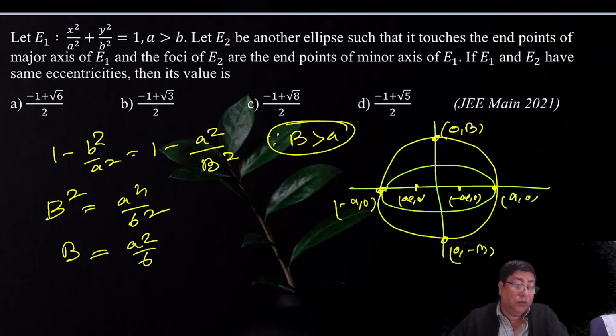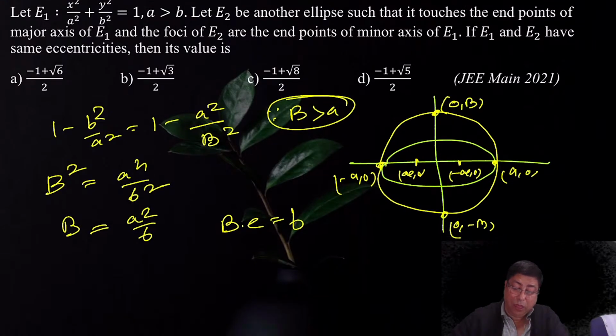Now, as the foci of E2 are at the end points of the minor axis of E1, therefore for E2, B·E = B, and A is 0 in this case. That is why.